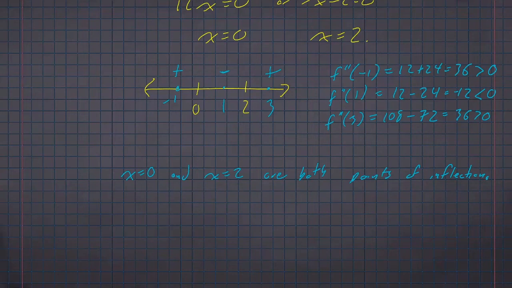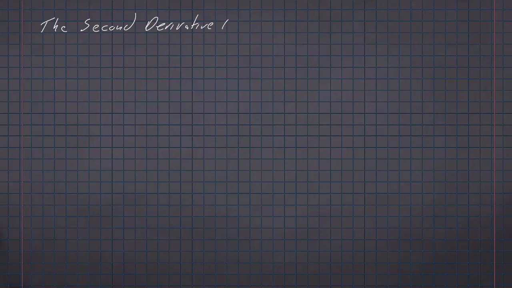What exactly that looks like, I don't know enough else about the graph, but we'll see something maybe kind of like that in some way, shape, or form. Right? That takes us to the second derivative test.